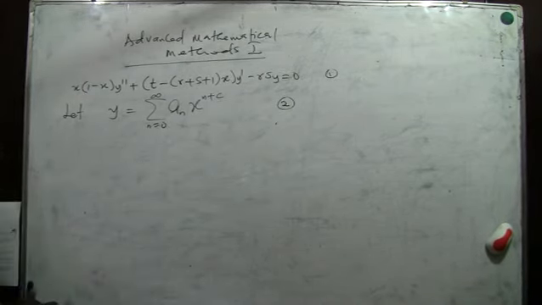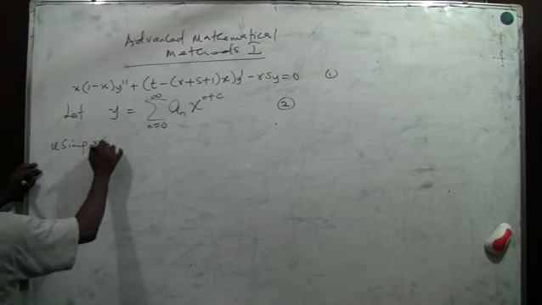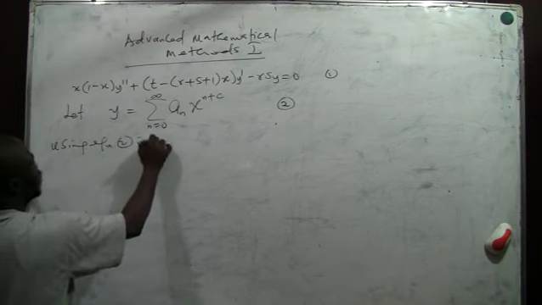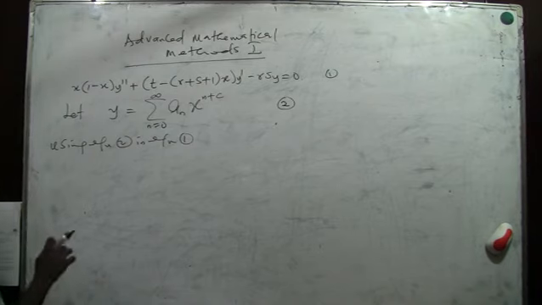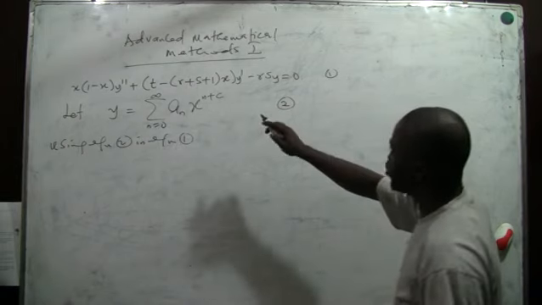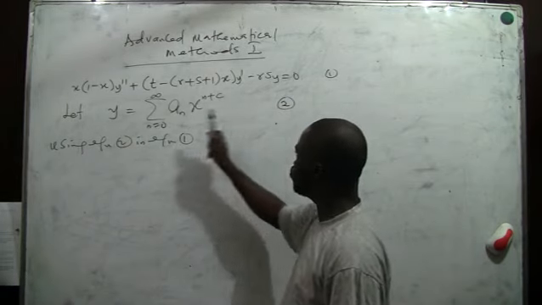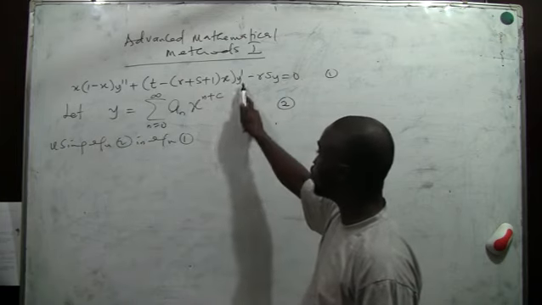So we are going to substitute equation 2 into equation 1. Let me quickly do some rough work before the substitution. We need to differentiate equation 2 twice because we have a second order term here and this is the first order term.